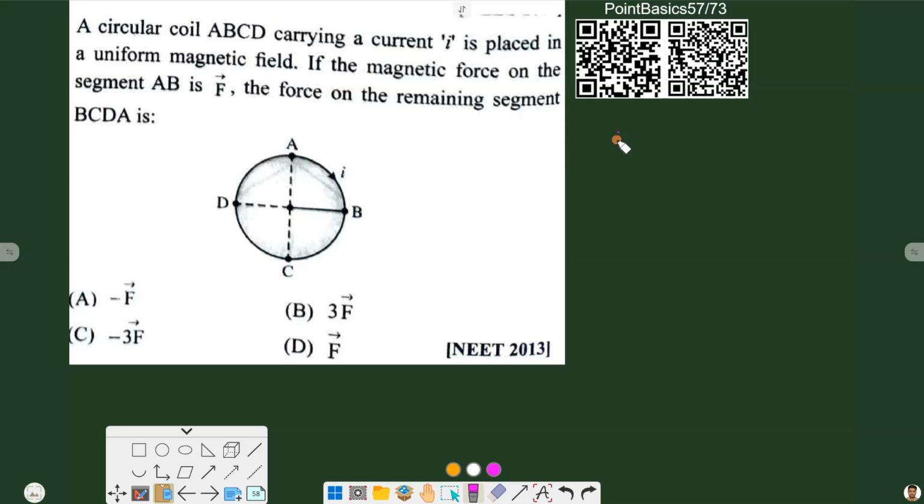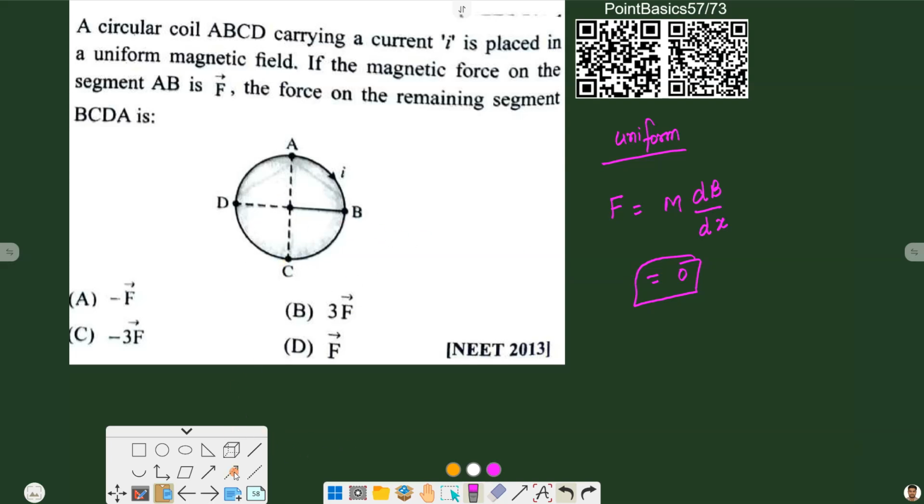So here the magnetic field is uniform, and the force on a current carrying coil is given by M, where M is the magnetic moment, into dB by dx, if we are taking variation along the x-axis. As B is uniform, the force should be zero. So total force on this coil will be zero.